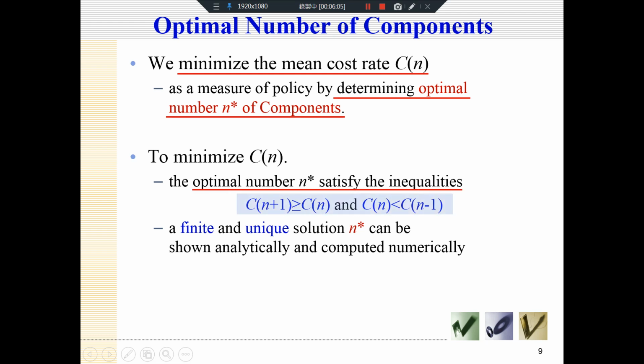When we pursue the optimal number of components, we can minimize the mean cost rate C of N as a measure of policy by determining the optimal number N star of components. To minimize C of N, the optimal number N star may satisfy the inequalities, and the finite and unique solution N star can be shown analytically and computed numerically.